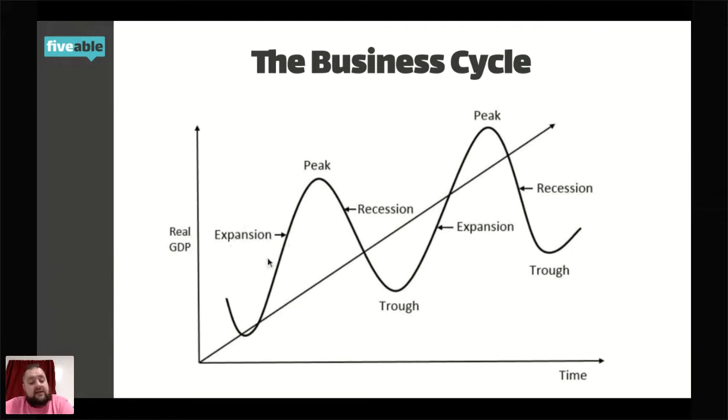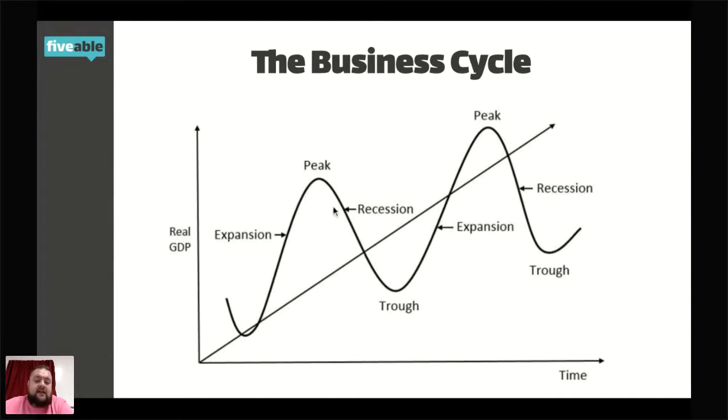Periods of expansion mean things like people are buying things in large numbers, especially big purchases like homes and cars. Businesses are growing. They're producing new products. Their business is doing well. Those are things that we see during expansion. Typically during expansion, unemployment is really low because businesses are hiring, etc.